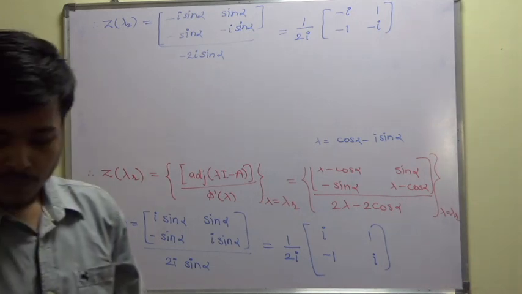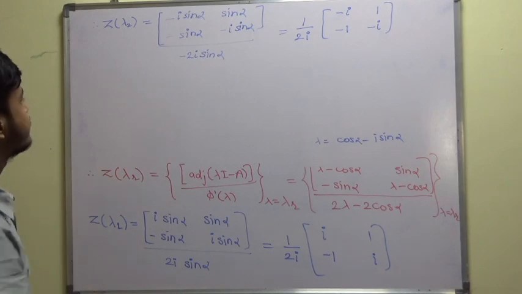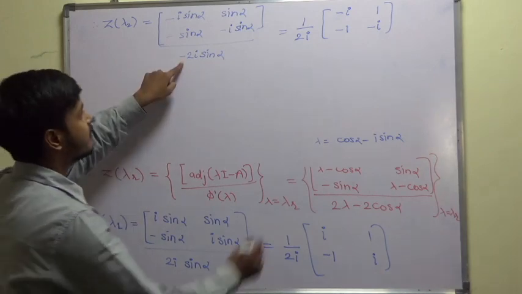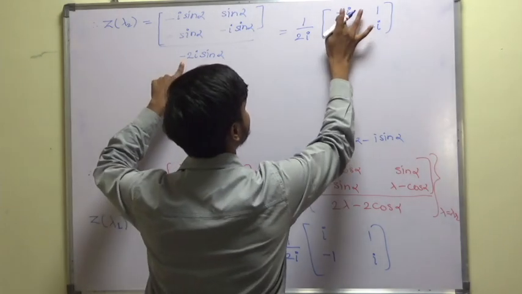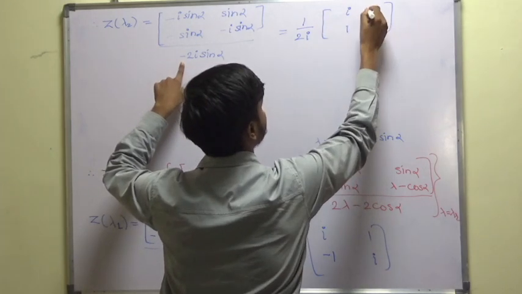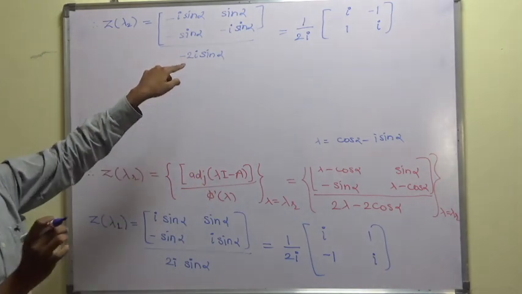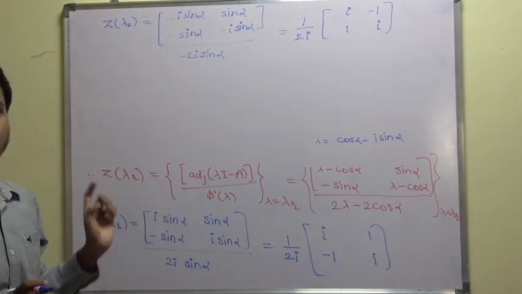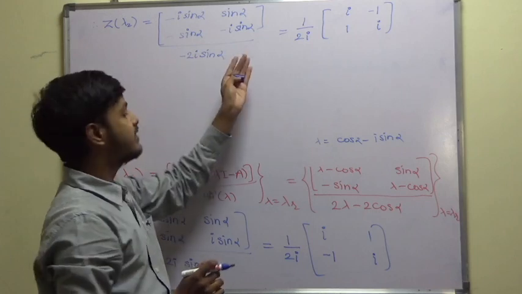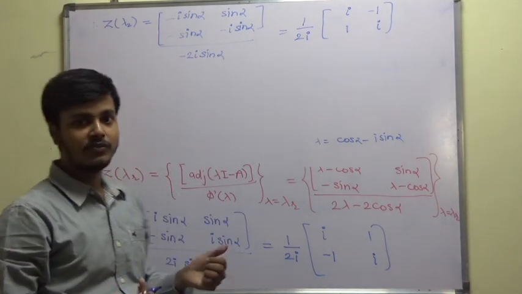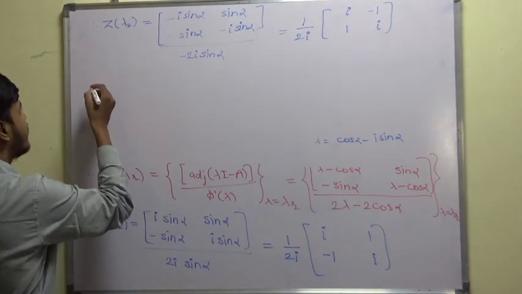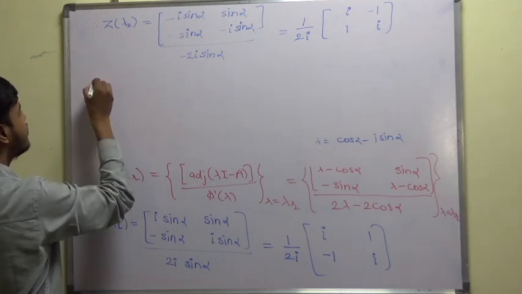Okay, and you can remove the minus sign also, so this should be minus. Because we have minus sign, so I along the diagonal, 1, minus 1. Okay, once you are done with this Z of lambda 2, you need to find out P of A. This completes step number 4.